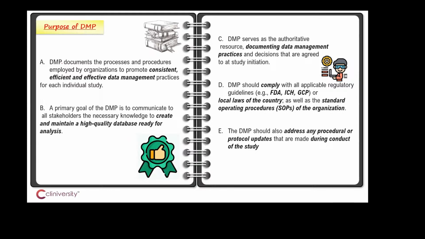In addition to documenting these standard CDM activities, the DMP will also provide a location for documenting details on computer systems which will be used to collect the clinical trial data. And this is as per the recommendation of the FDA's guidance document on computerized systems used in clinical investigations.